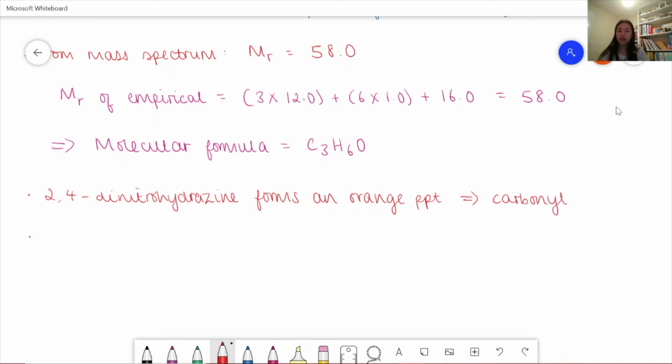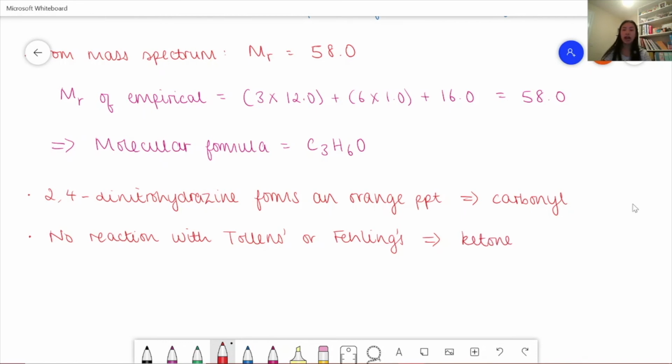And then what we have is that it doesn't react with Tollens' or Fehling's. And so this tells us that we must have a ketone, because aldehydes can be oxidized further.